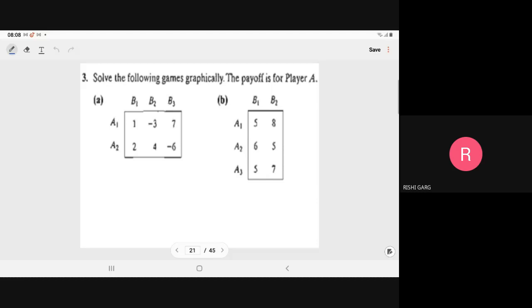So let us take this problem: solve the following game graphically. From this example I will show you how to solve the problem.